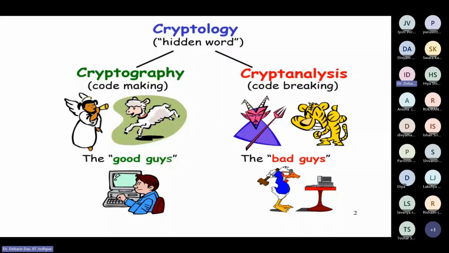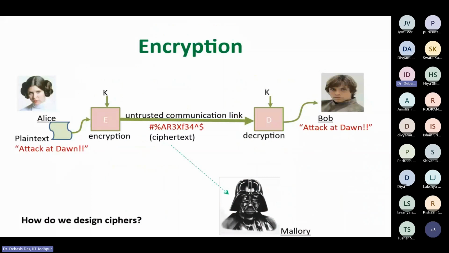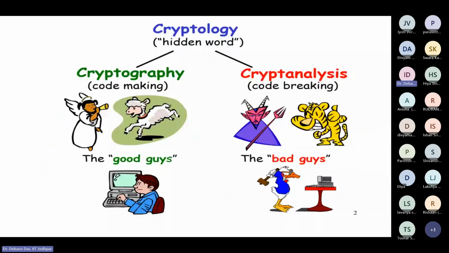Hidden world means you don't want to share your information with others. That's why we use a similar mechanism when we communicate with other parties, whether it is myself and you, myself and the bank, you and your bank, you and your education institute, or you with your Amazon login. So in all these cases we are focusing on cryptology.